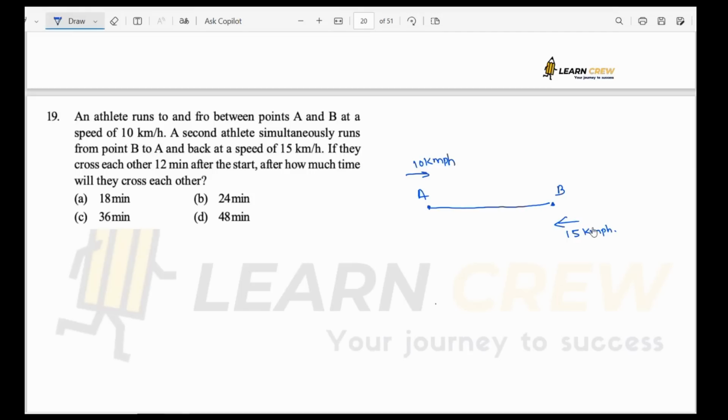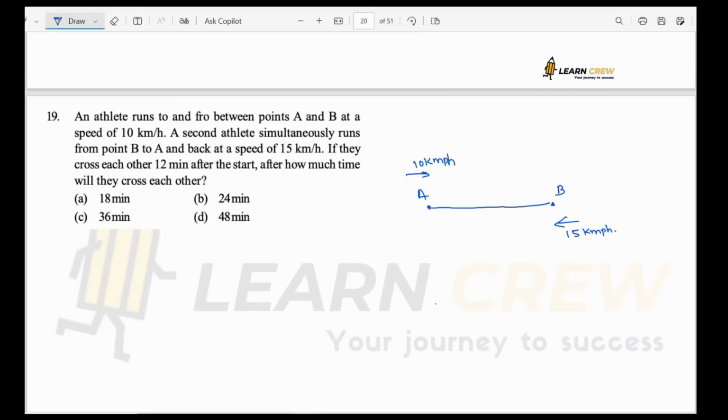Please see here. Let me explain. An athlete runs to and fro between points A and B at a speed of 10 km per hour.